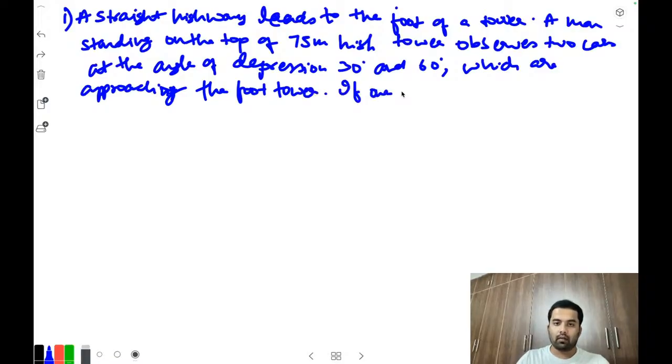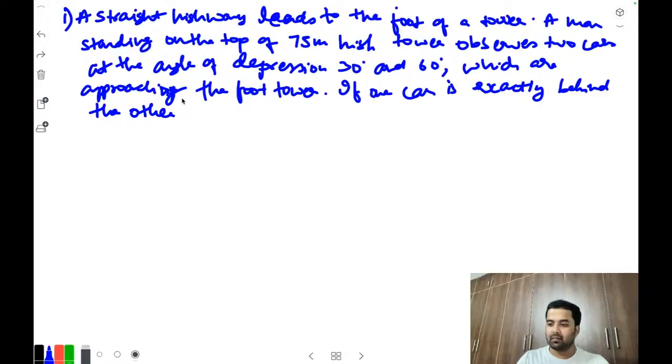If one car is exactly behind the other on the same side of the tower. See the kind of question, a little bit lengthy, right? But still we will easily figure out the diagram, because the diagram is not provided here.